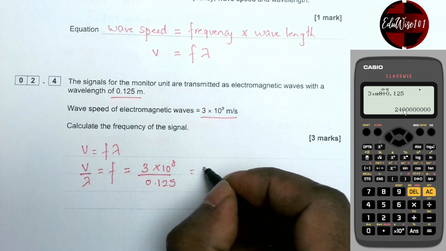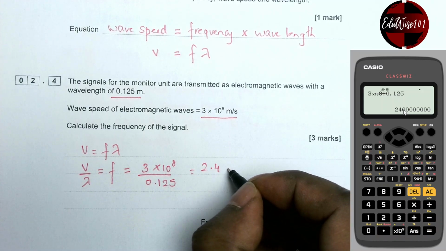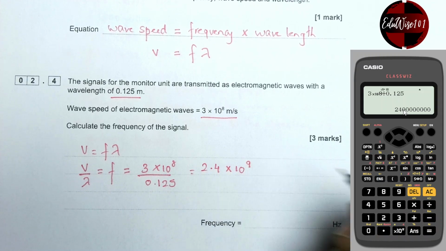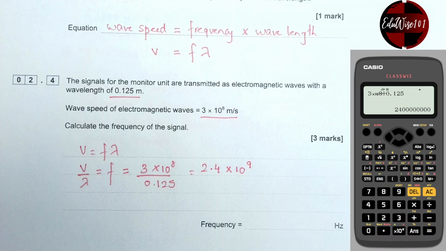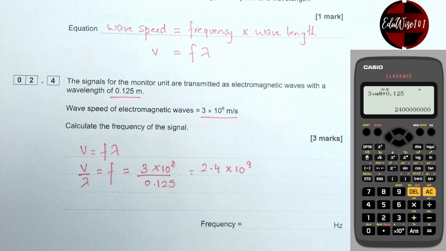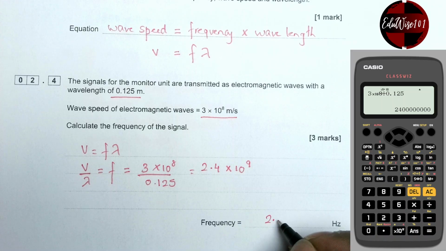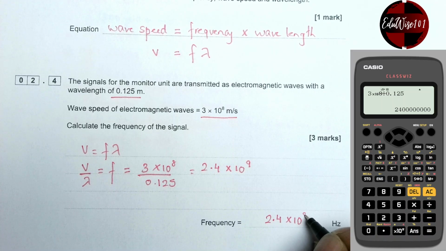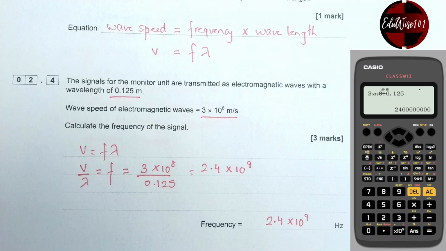So 2.4 times 10 to the power 9. Make sure you can write the numbers as it is, or you can write it in standard form. So 2.4 times 10 to the power 9. Oh, I need to figure out how to change that to standard form in the calculator.